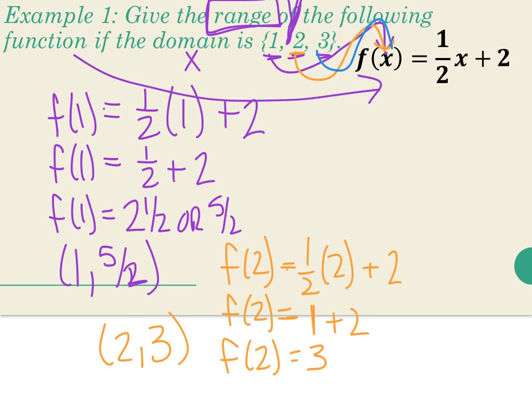Last but not least, we're going to do the same thing with the number 3. So we're going to figure out what f of 3 is equal to.